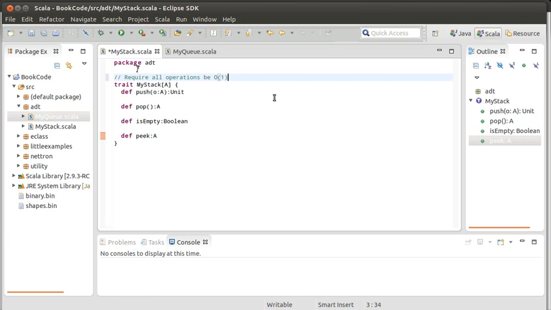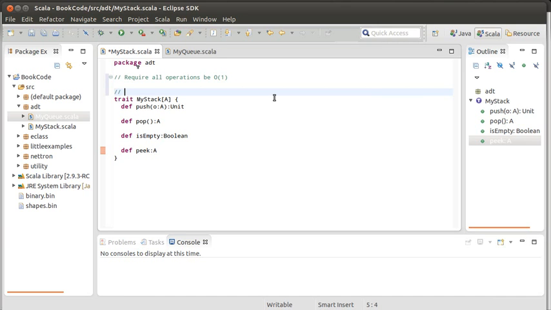In particular, if I have some function f of n, and I want to say that g, a different function, is big O of f of n, what that implies is that there exists a c and an m such that c times f of n is greater than g of n for all n greater than m.